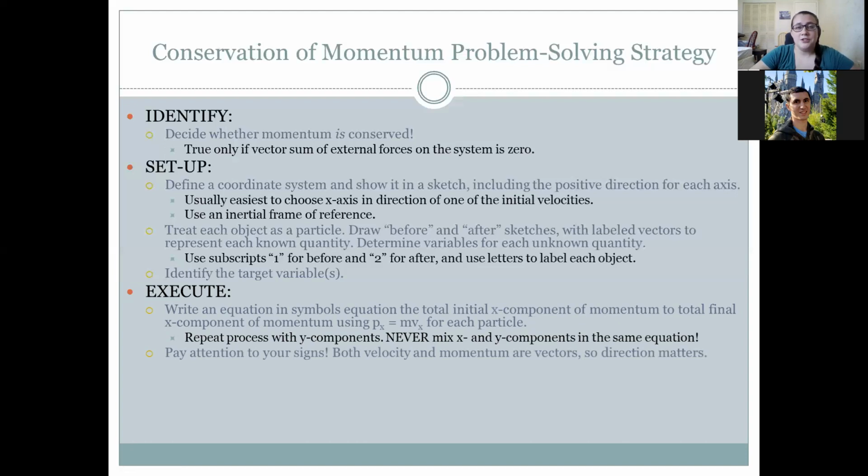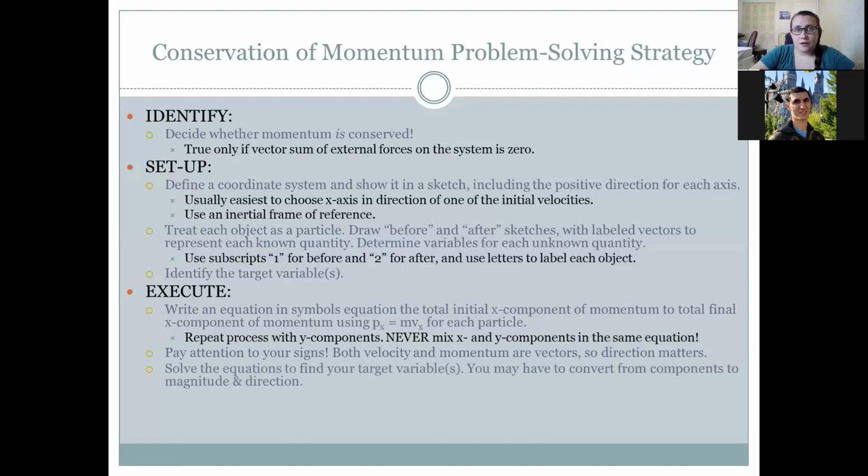Make sure you pay attention to your signs. Both velocity and momentum are vectors, so the direction matters, right? We're going to use positive and negative according to the coordinate system that we establish. But again, that will depend on the problem, but really we use our standard up, right, etc. as positive and down and left as negative.